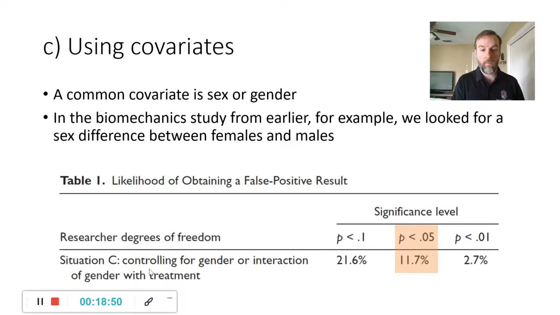Here, when we look at, are we going to use gender, are we not going to use gender, or it could be sex instead, that is going to increase your alpha. That's another researcher degree of freedom. And instead of it being 5%, as the stats suggest, it's more like 12%. And the problem here often comes that in your article, whichever result works out the best, you would be tempted to only report that one.